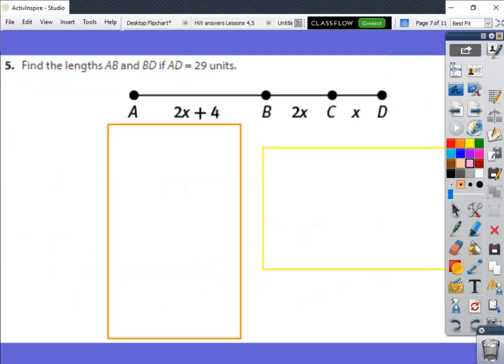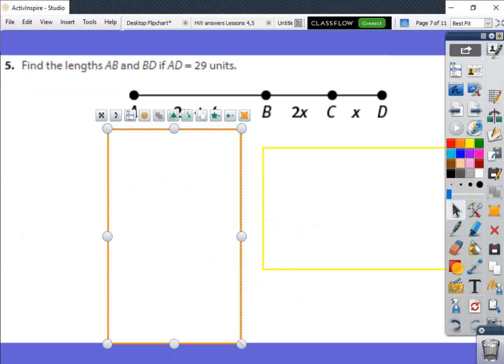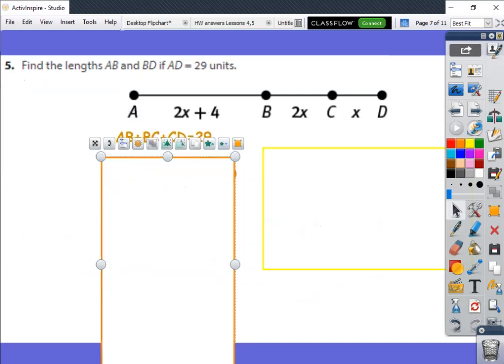Number 5 here, again going back to Unit 1. Find the lengths of AB and BD, if AD is 29 units. So I'm going to move this down. I can say that AB plus BC plus CD equals 29.